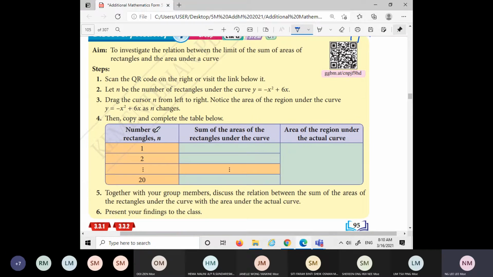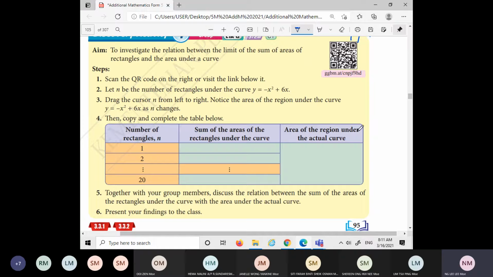Okay, so the number of rectangles n starts from one, only one rectangle, and this link makes it go until 20. If you can make more than 20, you can actually see the answer is even nearer to the exact answer, the actual answer.